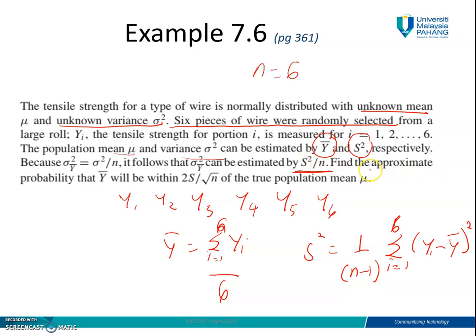So the question asks you to find the approximate probability that y bar will be within 2s over square root n of the true population mean mu. If you remember in applied statistics, you found this, isn't it? But now you prove how you get the formula too.